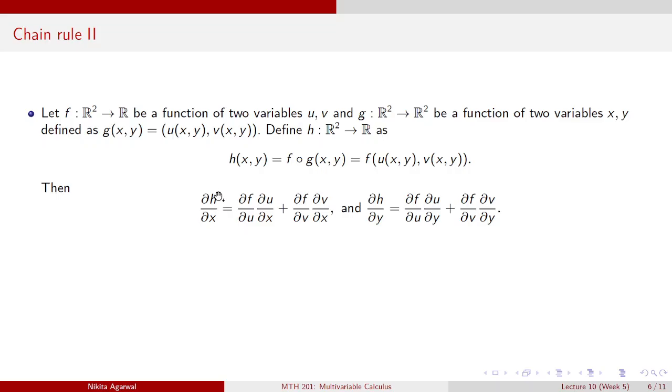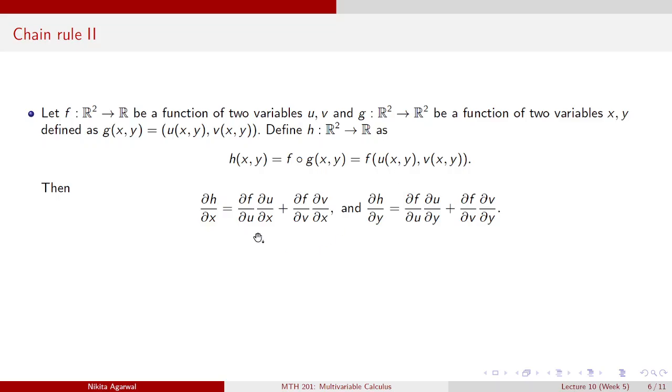Therefore, you will talk about partial derivatives now. So partial of h with respect to x. Now x appears here as well as here, which means you have to differentiate f with respect to this and also with respect to this. So you get partial f partial u, differentiating f with respect to u and then u with respect to x. But that will also be partial now because u is a function of two variables.